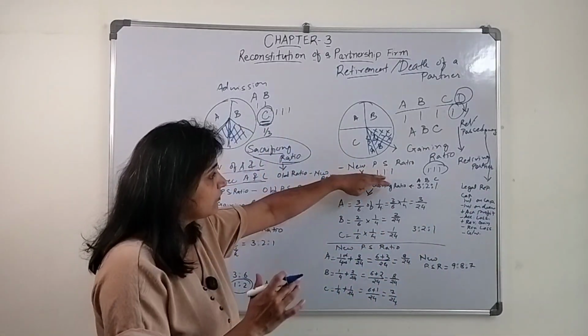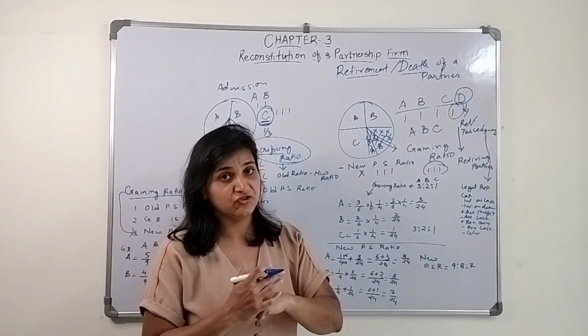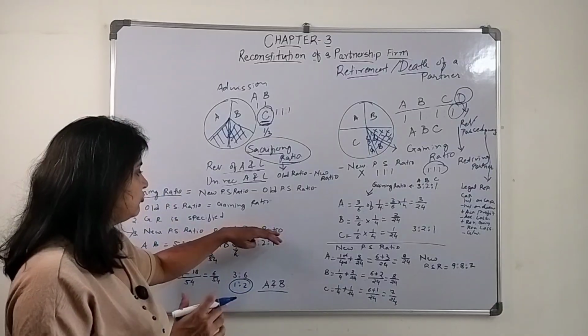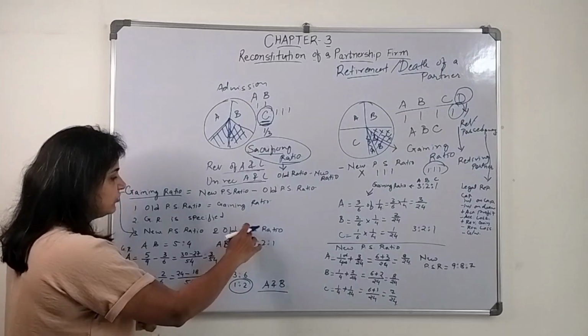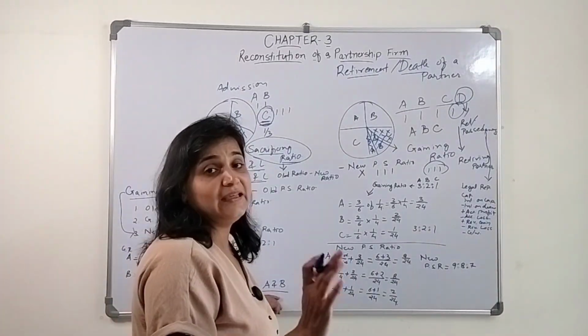But if the gaining ratio is given, then you have to determine the new profit sharing ratio. And similarly, if the new profit sharing ratio and old profit sharing ratio are given, you just need to deduct old profit sharing ratio from the new profit sharing ratio, and you will get the gaining ratio.